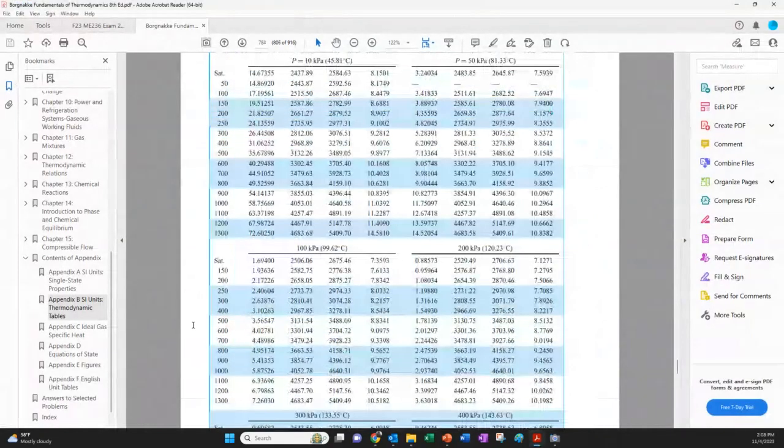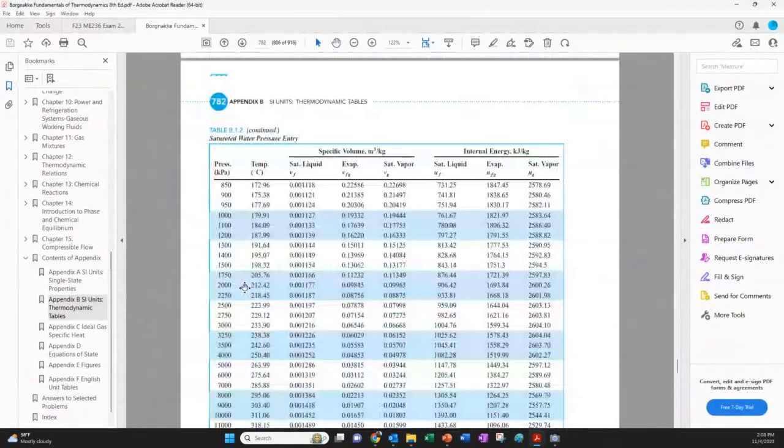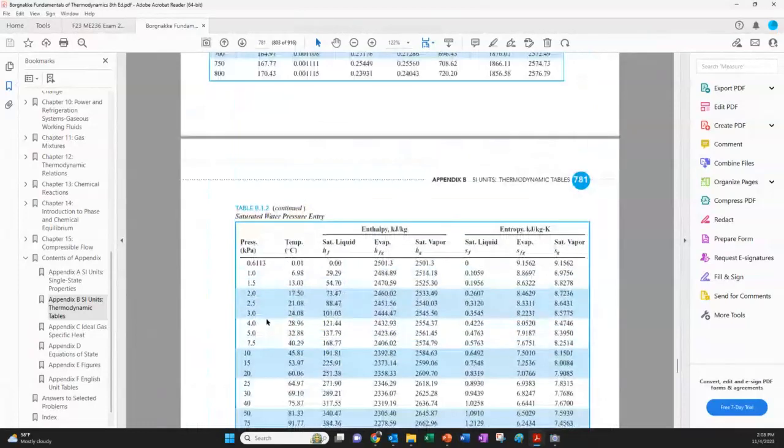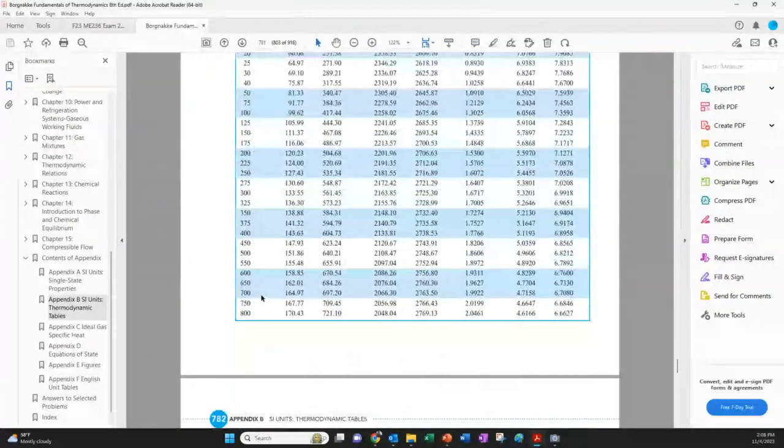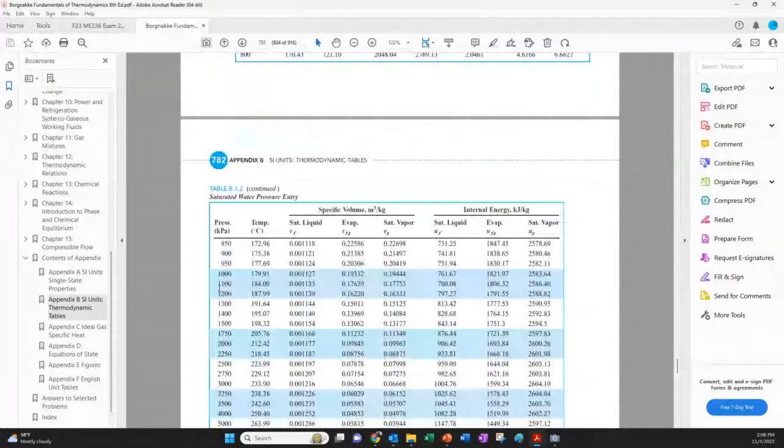So we're going to probably check the saturation one. That's a good one to do, right? So we're going to look at table B.1.2, because it's indexed with pressure, and we're going to look at 1,000 kilopascals, so right there. We will look at specific volume, and we can see that our specific volume is in between right here and right there.